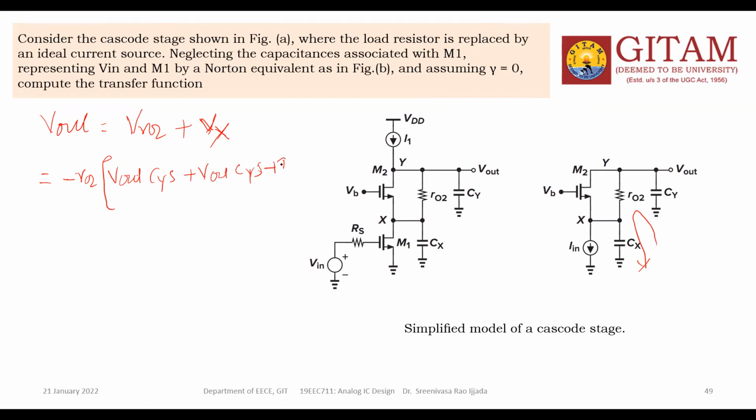plus Iin into gm2 by Cxs. This current multiplied with R02 is the VR02, and Vx is minus Vout Cys plus Iin by Cxs.